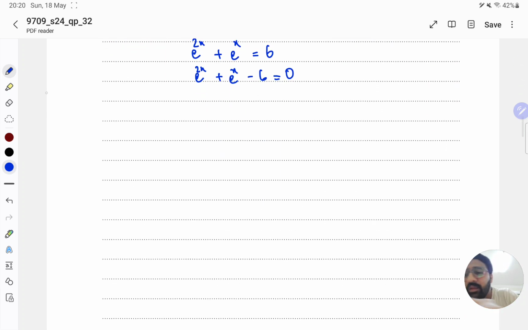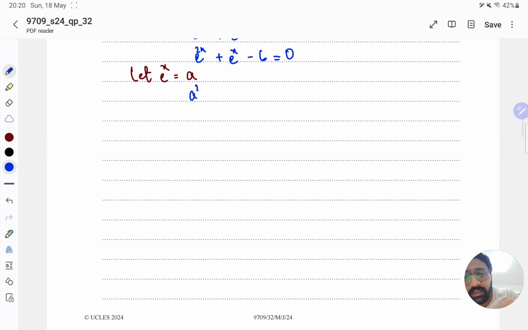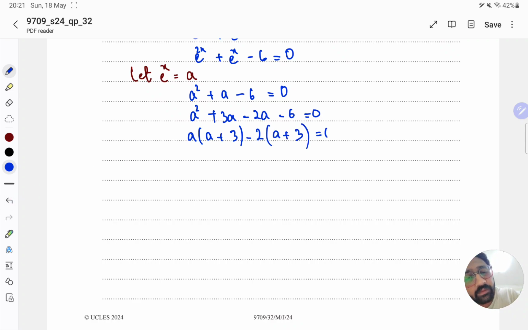Now what we can do is let e raised to the power of x be a. It can be any alphabet. So it will be a square plus a minus 6 equals 0. So the two factors will be 3 and 2. So a plus 3 and a minus 2.